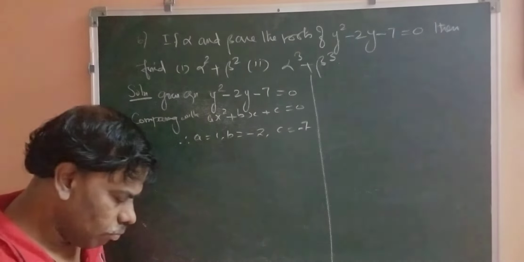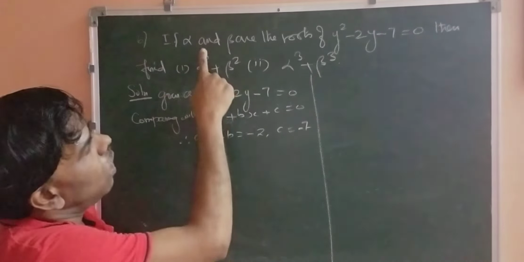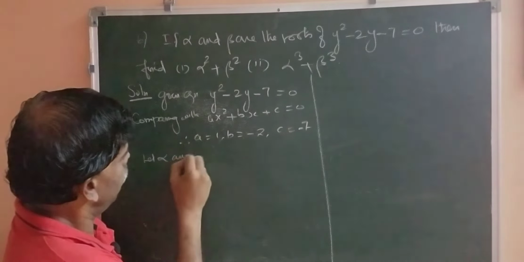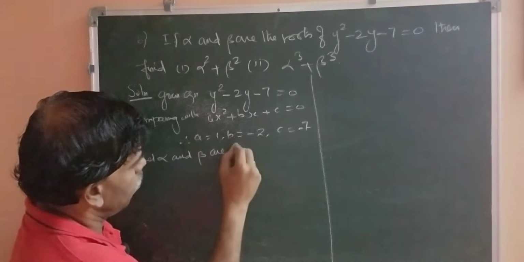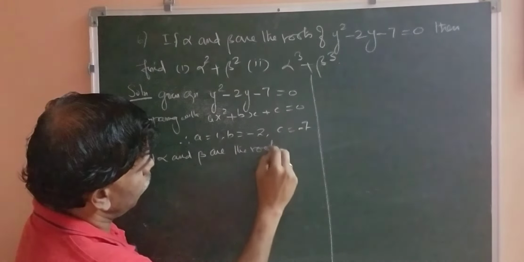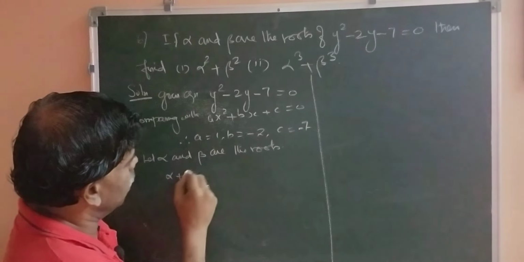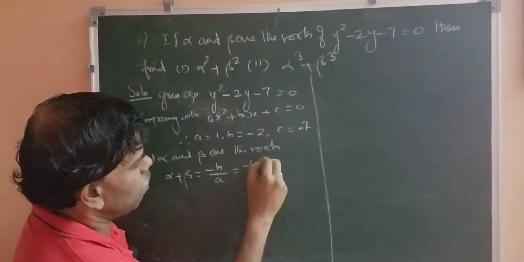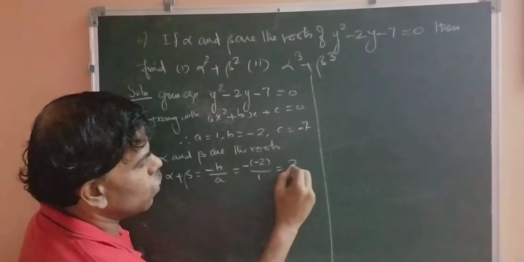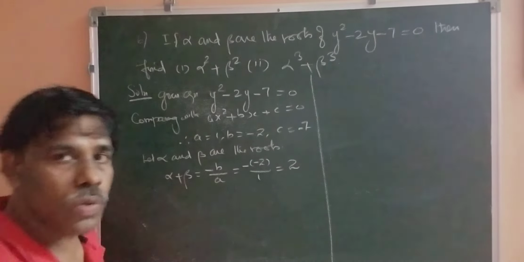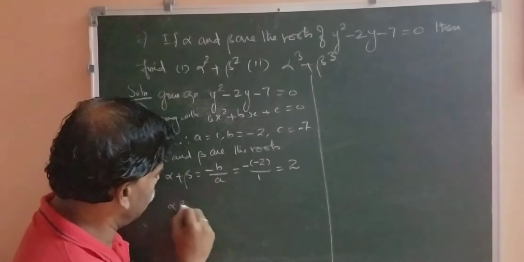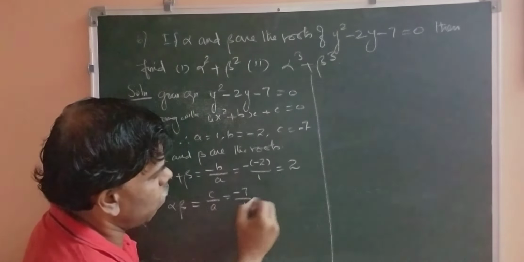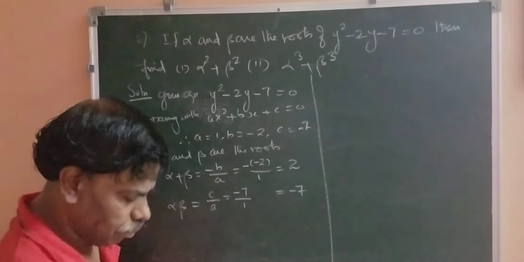Now what is given to you? Alpha and beta are the roots. So alpha plus beta, as I told you, is minus b upon a, so minus of minus 2 upon 1 equal to 2, right? Now similarly you have to find the product of the roots, c upon a. What is c? Minus 7 upon 1 equal to minus 7.